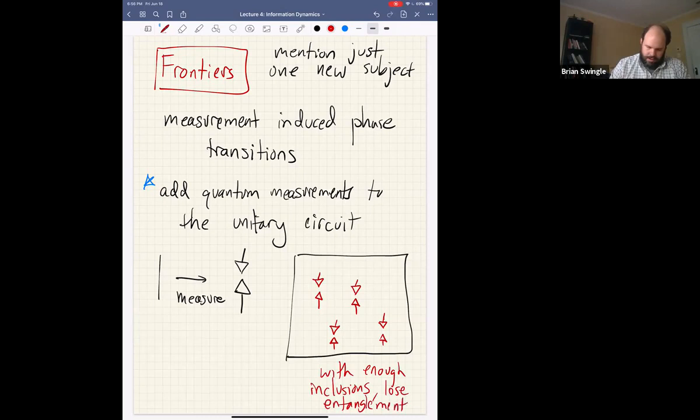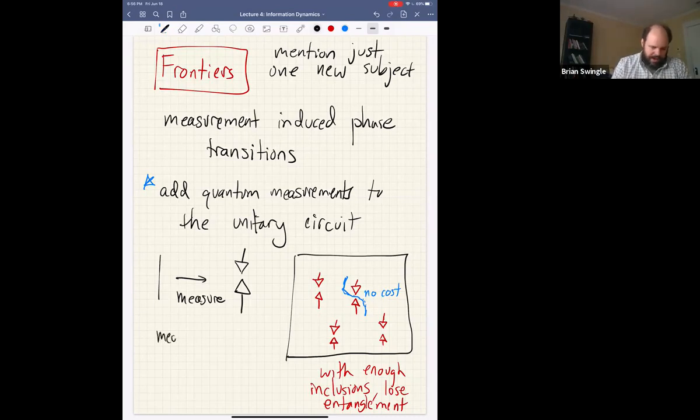Because you see these inclusions have the property that the minimal surface can pass through them for no cost, because you've broken a bond, right? Which is a pictorial way of saying you made a measurement and you get a random outcome, which is a product state. And so now it doesn't cost anything to pass through that bond.